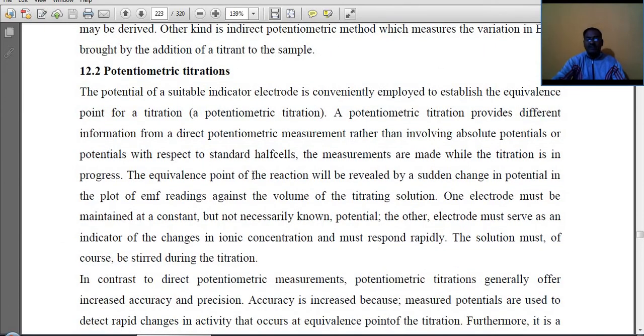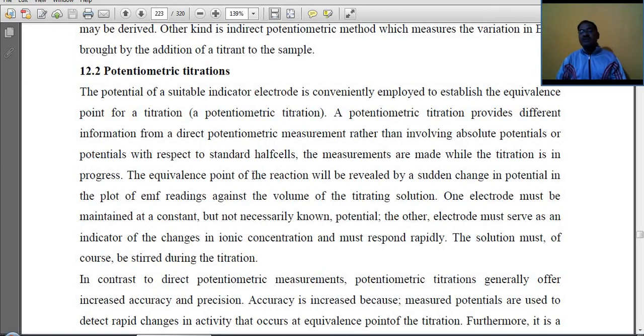In potentiometric titrations, a suitable indicator electrode is conveniently employed to establish the equivalence point for the titration. A potentiometric titration provides different information from the direct potentiometric measurement, rather than involving absolute potential or potential with respect to standard offsets.